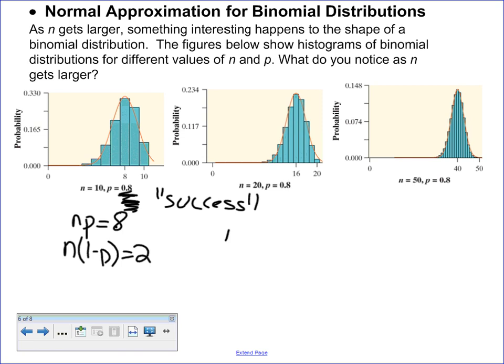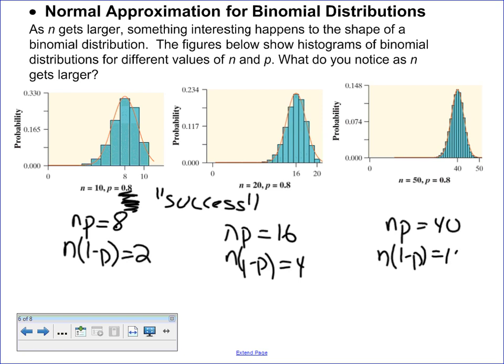Here, n times P would be 16, and n times 1 minus P is going to be 4. Here, n times P is going to be 40, and n times 1 minus P is going to be 10.